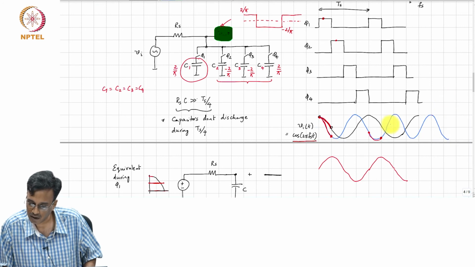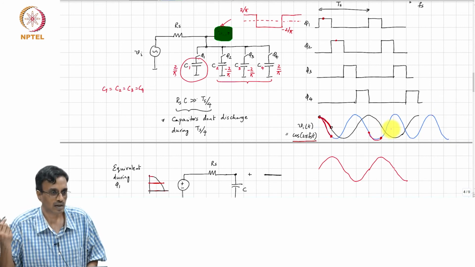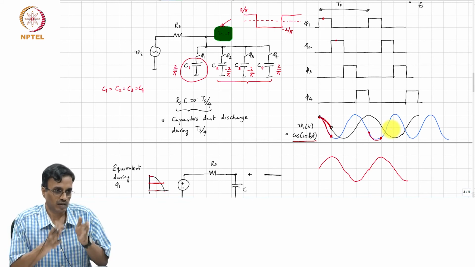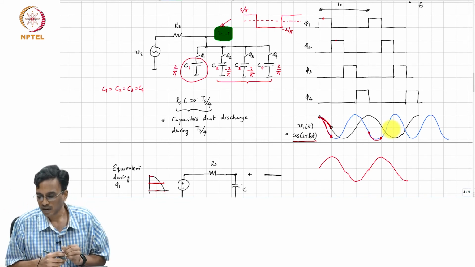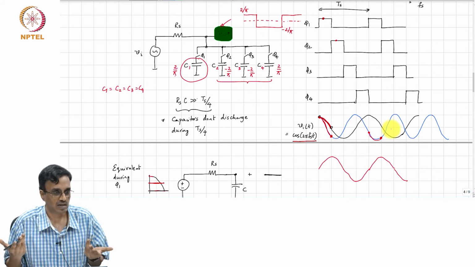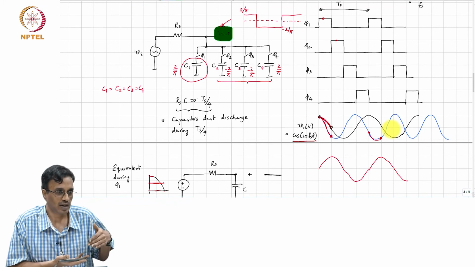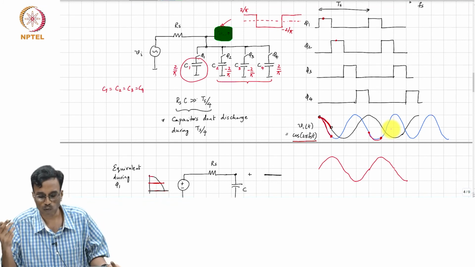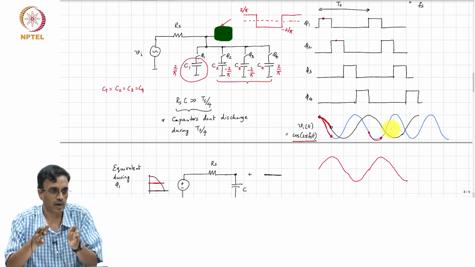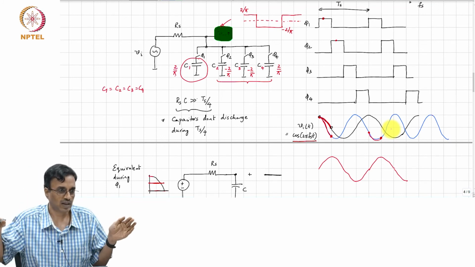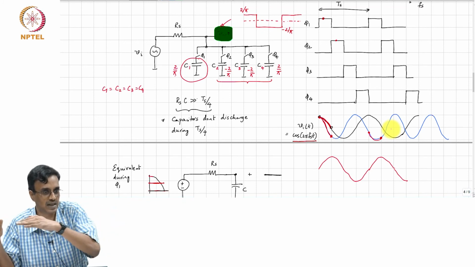So, on average, therefore, you are looking at all portions of the waveform, and the voltage across the capacitor will be much smaller than what you saw where you kept looking at the same portion of the waveform all the time, where the voltage across the capacitor has an opportunity to build up and stay that way.